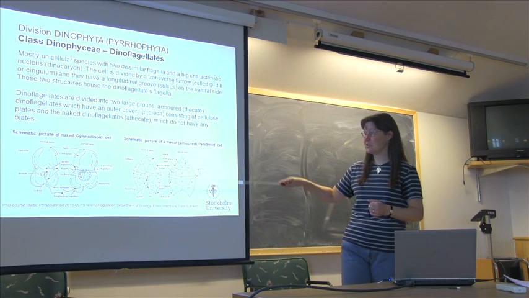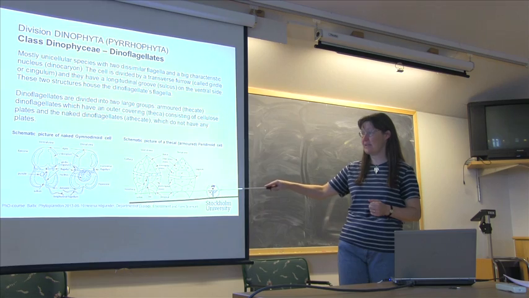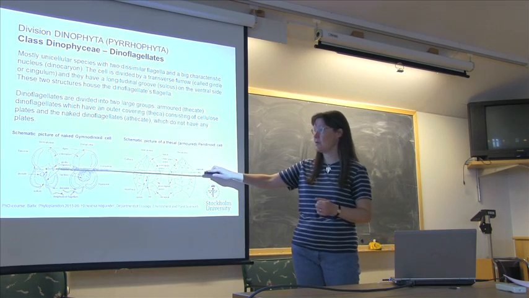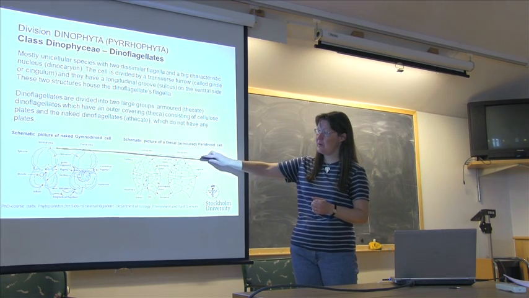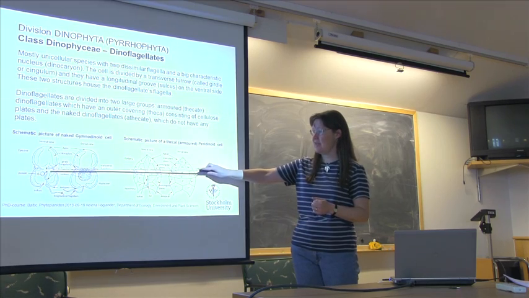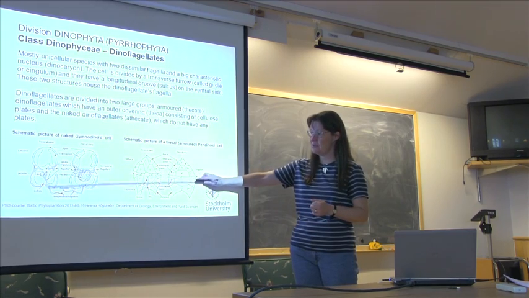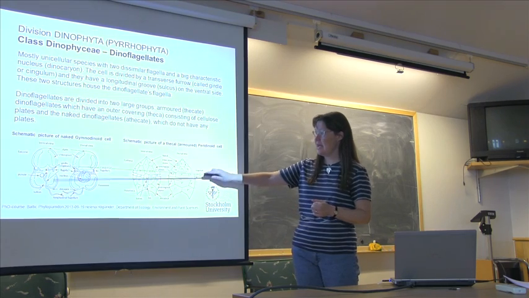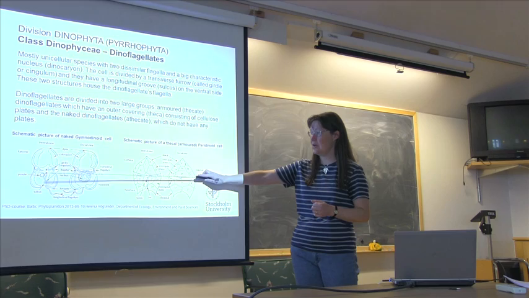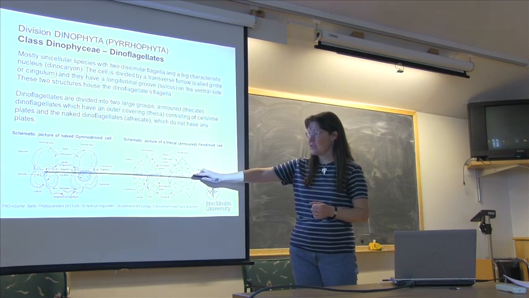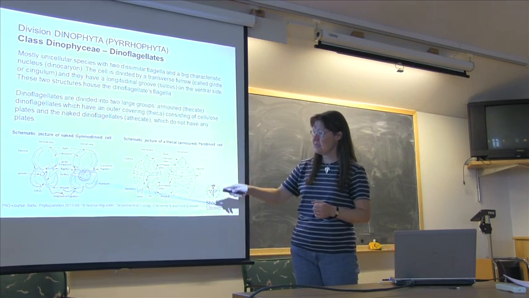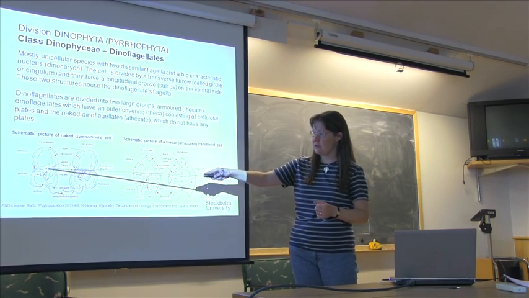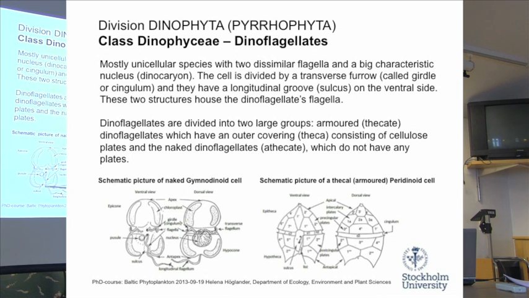Dinoflagellates. And what's common to all the Dinoflagellates is that they have what's called the epitheca or episome, the upper part, the head part, and then the hypotheca or hyposome, the lower part. And in the middle they have a cingulum or a girdle, and they also have what's called a sulcus, a list, something going down here.